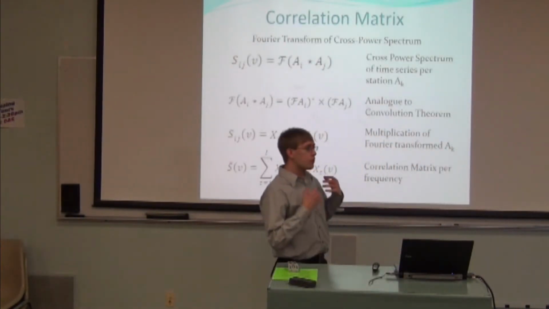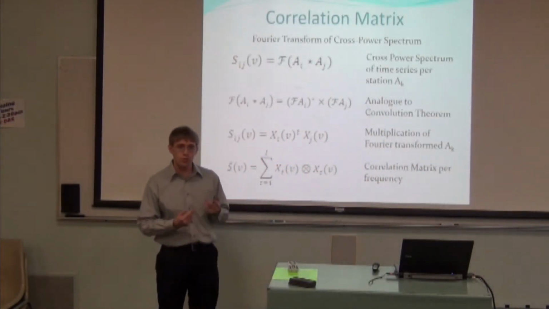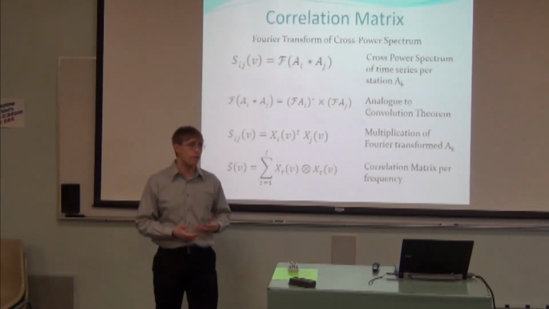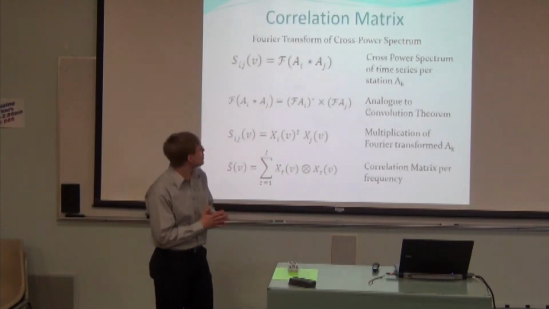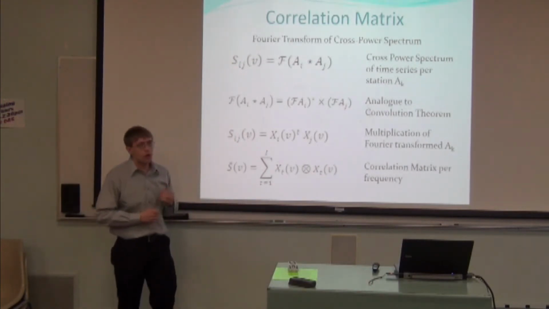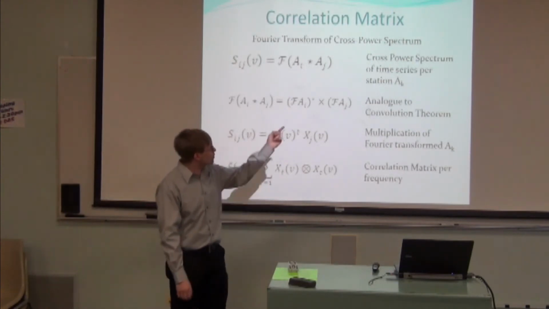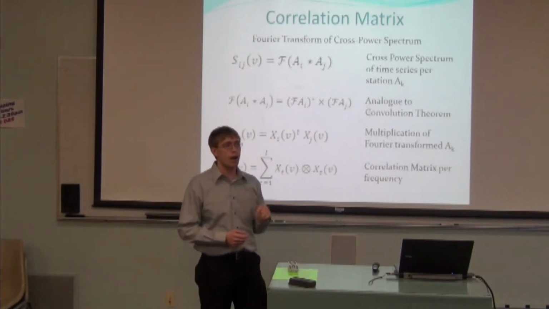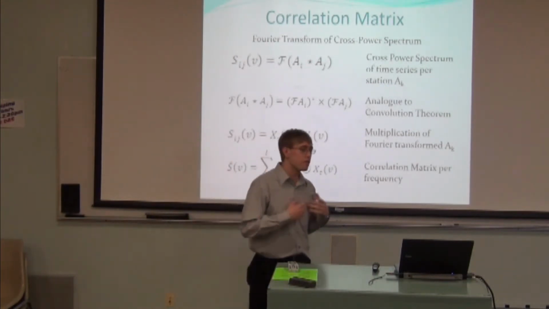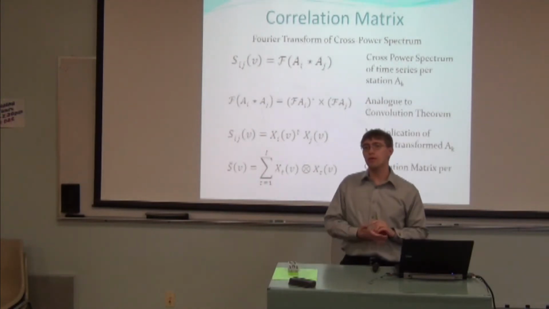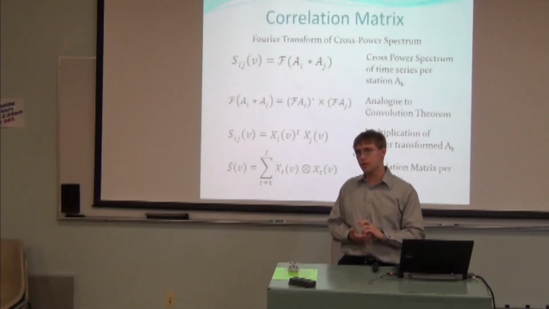But we can't just cross-correlate two different stations. We have to do this with all of the different telescope stations, every different antenna. So we have to do a little bit of math to make all the calculations easier. What we're ultimately looking for is called a cross-power spectrum, which gives us the information about the power in the frequency domain.